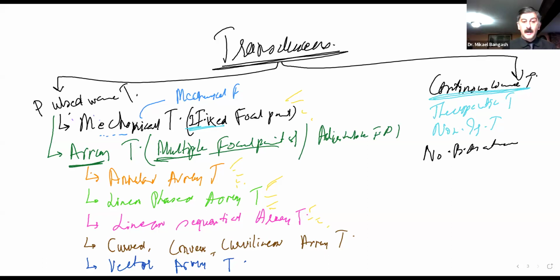And I hope that you guys the other day saw how we could adjust the number of focal points from 1 to 2, 2 to 3, 3 to 4, and so on. But also we're able to move those focal points to shallower depths or to deeper depths.